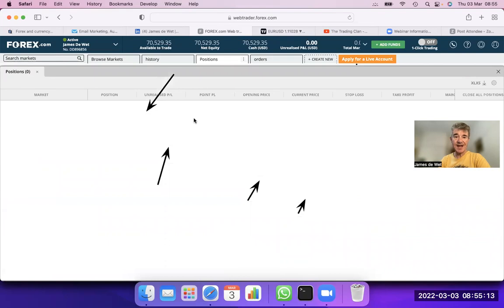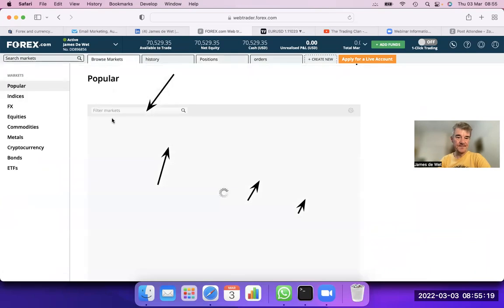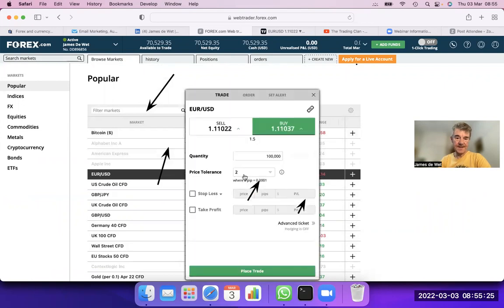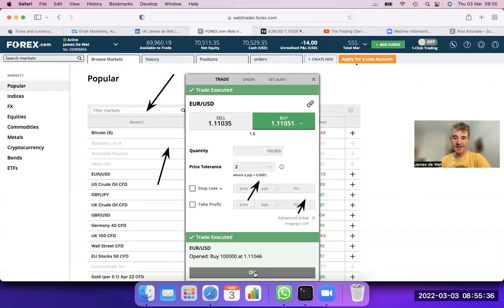Don't worry about the black lines, they're there because they're from the chart. And I'm going to go browse markets and the euro, and I'm going to hit buy just like that. $100,000. I haven't got a stop loss or a take profit in place, but we'll do that shortly. And I'm going to place the trade, and I'm in the trade.